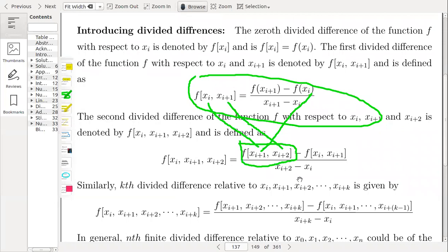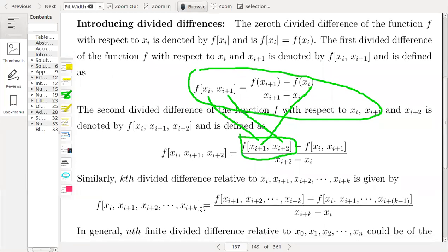To calculate it, you need to make use of the first divided difference. And what is the difference? The denominator is just the difference between the first value and the last value, x_{i+2} and x_i. So keep in mind, this is for 3 points.